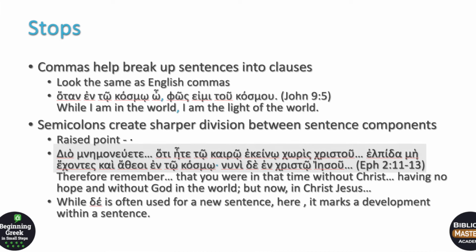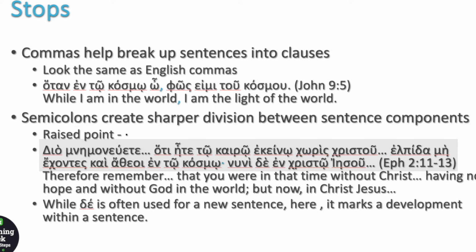A good example of this is Ephesians chapter 2, verse 11 to 13, where we see, "Therefore remember that you were at that time without Christ." Okay, and there's a whole bunch of things that Paul adds in here, which we're skipping. I'm just trying to consolidate the sentence down. "Remember that you were at that time without Christ, having no hope and without God in the world, semicolon. But now in Christ Jesus."